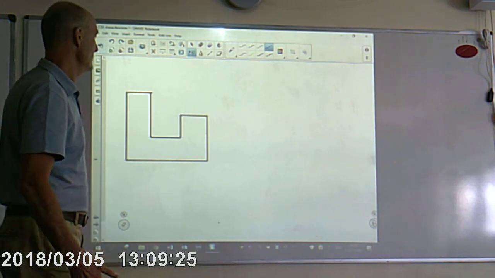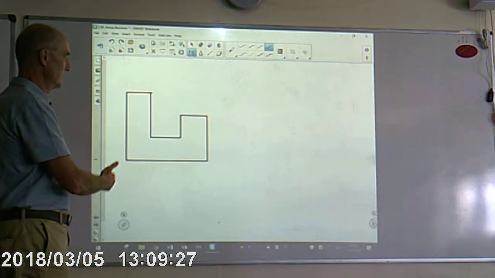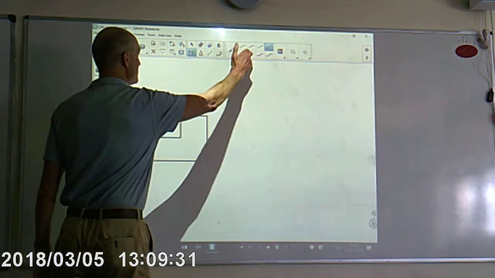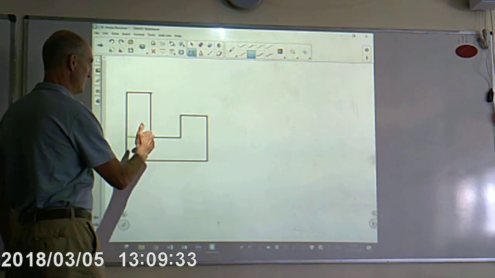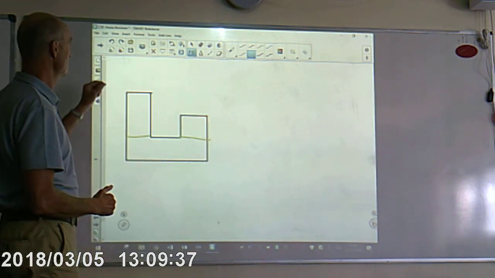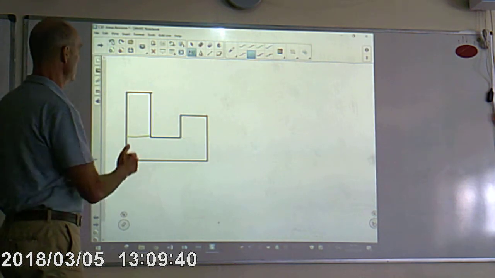Could we deal with something like that? Yeah, of course we can. Effectively, it's 3 different rectangles. So we could split that into rectangles. We could split rectangles there, depending on the information that we've been given.